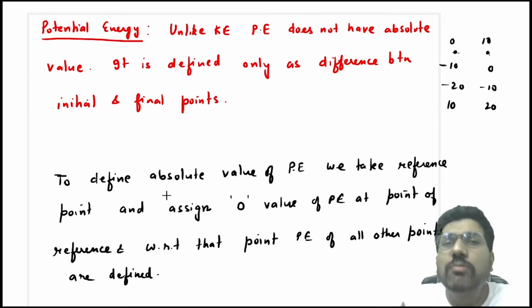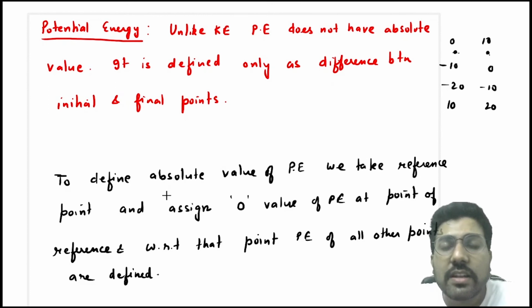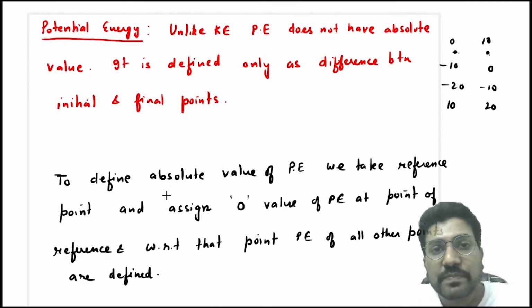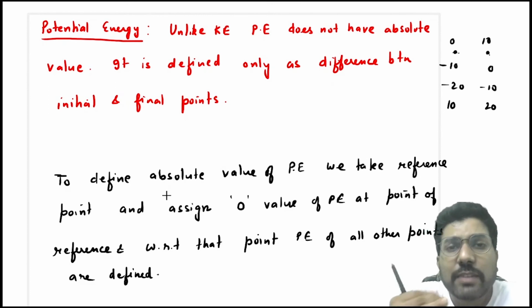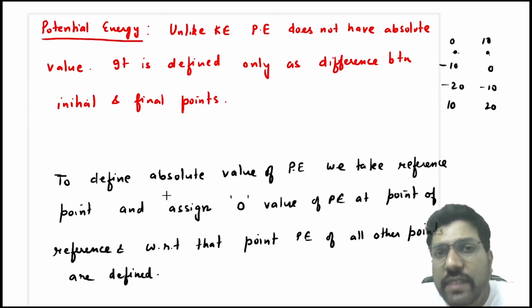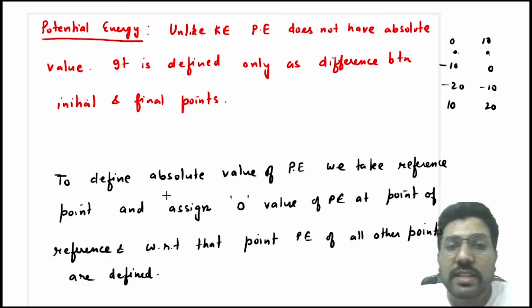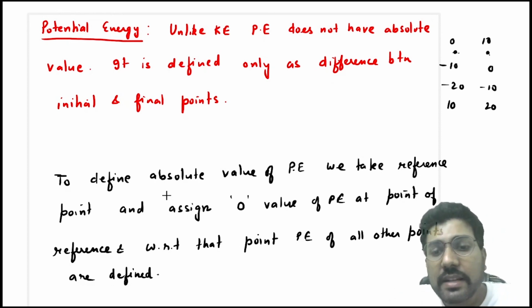How to choose this reference point? There is no definite method, but for whatever formulas we have for a fixed set of system, we have always chosen the reference point as that point where the value of the force is 0. For example, if the electrostatic force is k q1 q2 by r square, then when r is infinity, the force becomes 0. So the reference point is chosen as infinity.